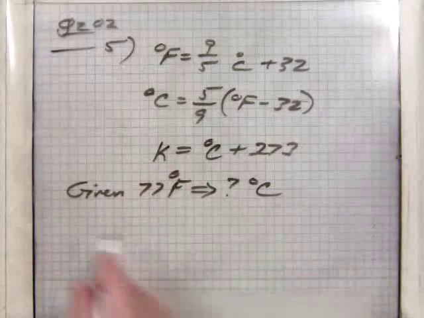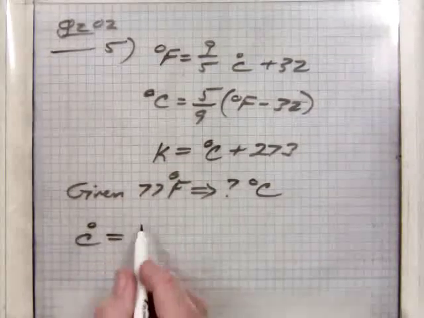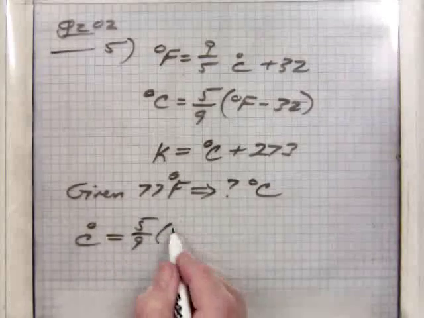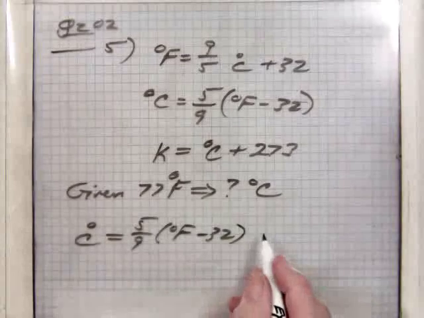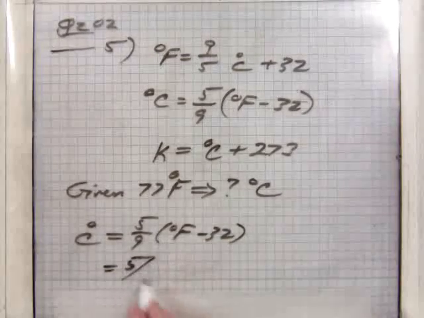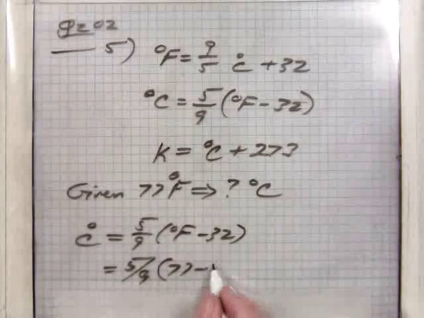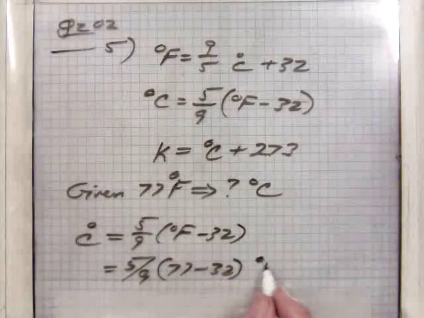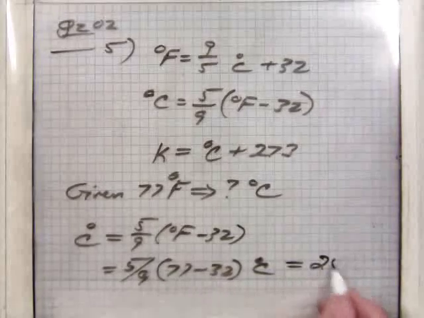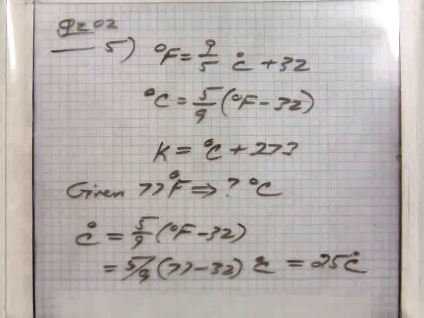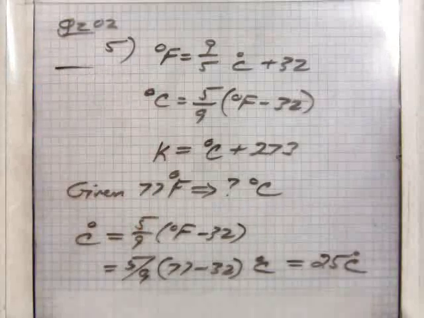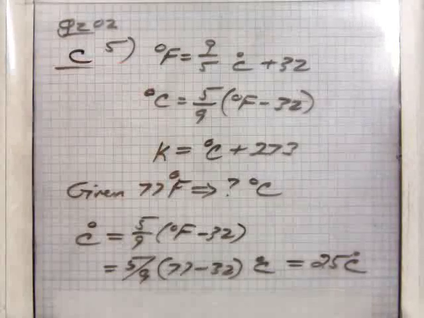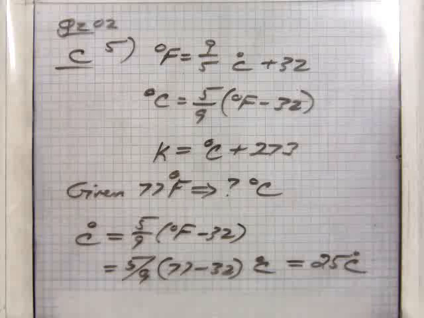So the degrees Celsius would be 5/9 degrees F minus 32, and that would be 5/9 77 minus 32, and we'll tag that with the degrees Celsius, and I get 25 degrees Celsius. And so move that down a little bit. C choice in that one. So please do what you need.